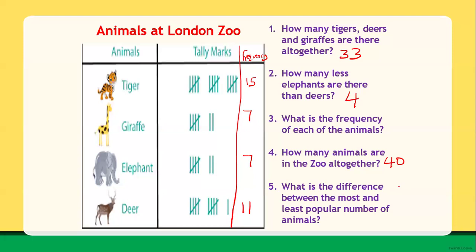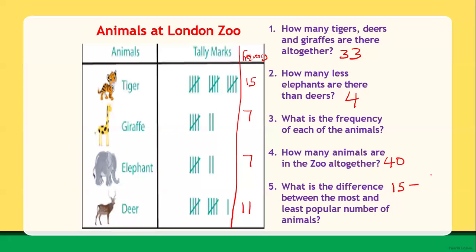What is the difference between the most and the least popular? Which animals are the most popular? Tigers. How many are they? 15. When they talk about difference, what do they mean? Subtraction, minus. Which animals are least popular? Giraffe and elephant.